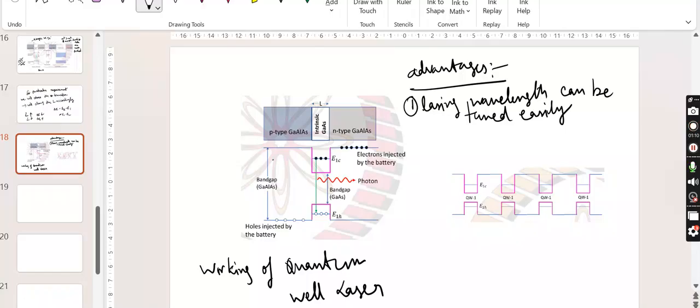The wavelength of the photon emitted from the radiative transition between energy levels E1C and E1H is essentially governed by the energy difference between the two levels. As the energy quantization and thickness of the layers are interconnected, the wavelength of the emitted photon will also depend on the layer thickness. More precisely, the wavelength decreases with the reduction in the layer thickness and vice versa.